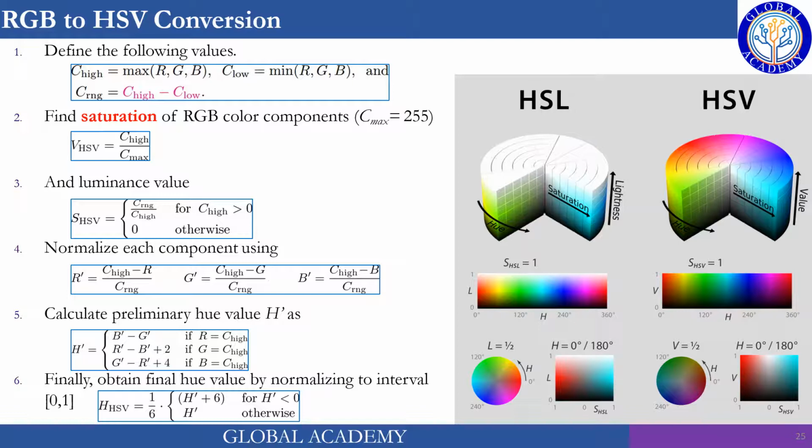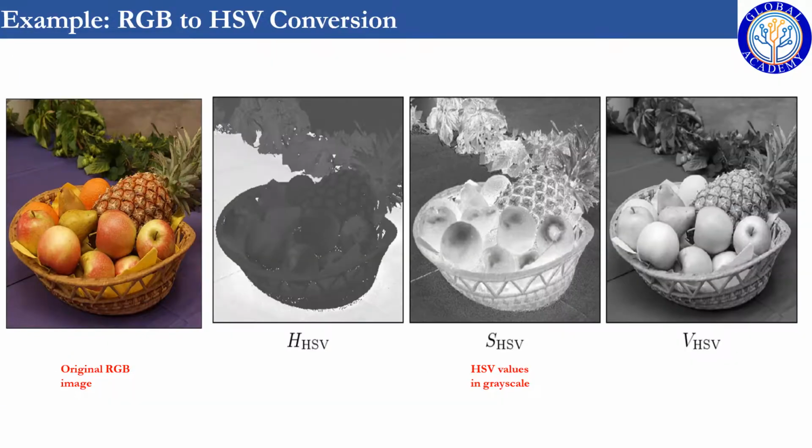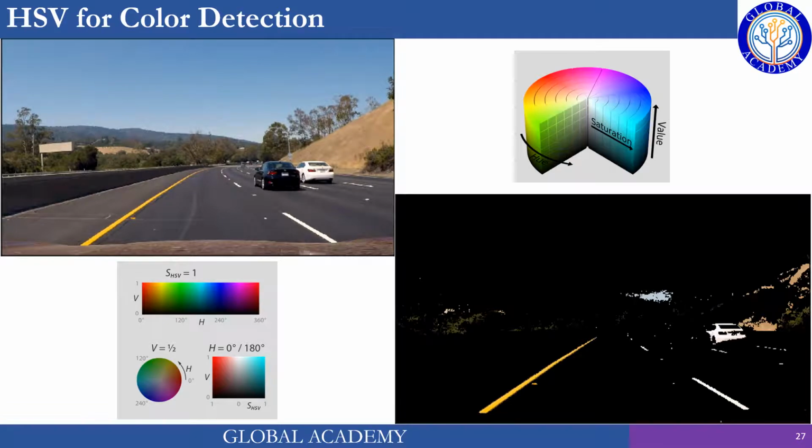So you can see the colors are in fact mapped along the angle, like at 0 angle red and so on. Colors are changing with changing angle. So a colored image and then its HSV components are plotted as grayscale images.